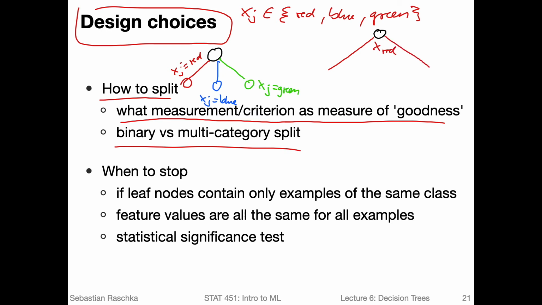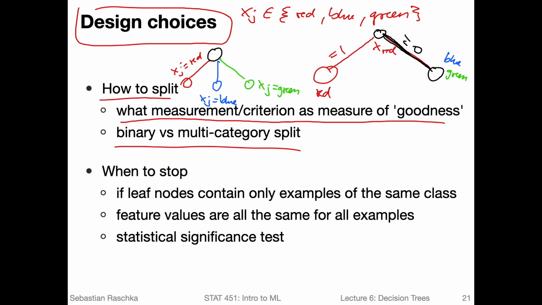Then it's equal to 1 or equal to 0. If it's equal to 1, then these are all our red data points. If it's equal to 0, then we have here the blue and the green data points.